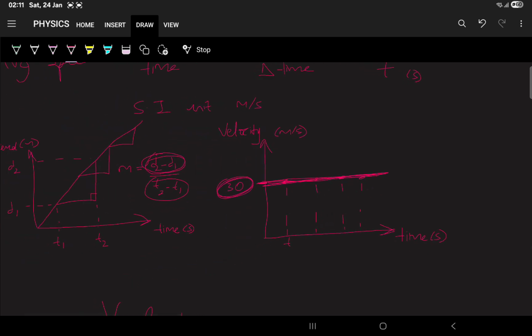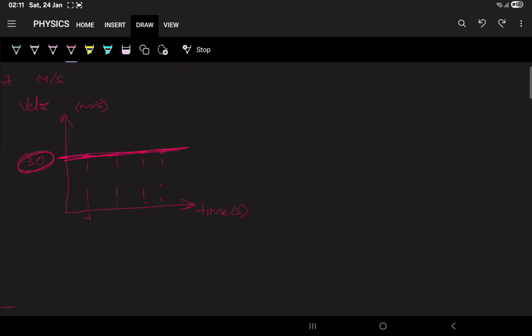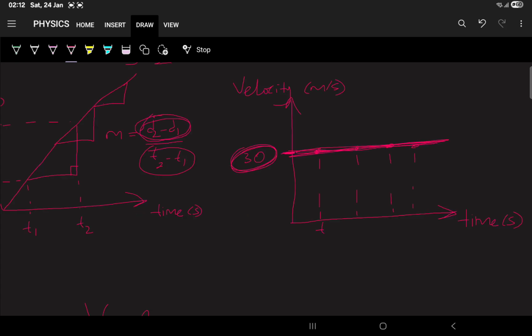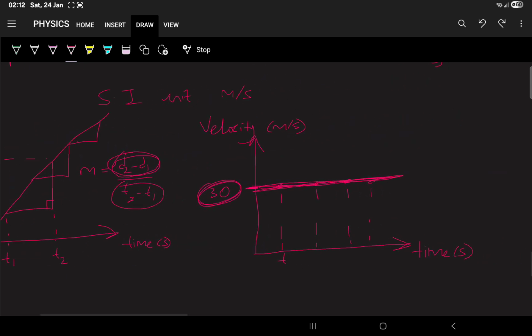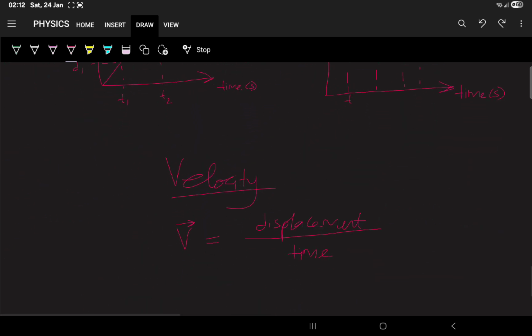But the shape and the nature of the graphs remain same. So this will be my displacement time graph for uniform or constant velocity, and this will be my velocity time graph for constant or uniform velocity.